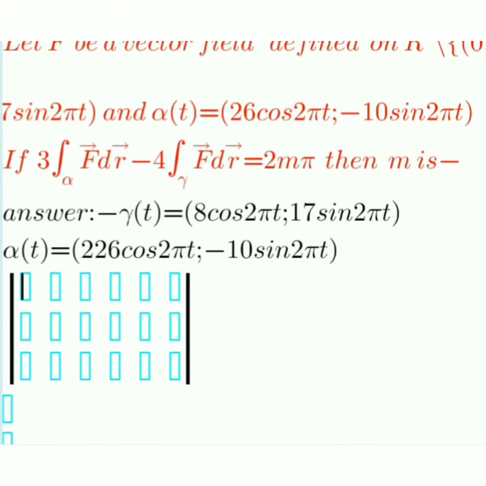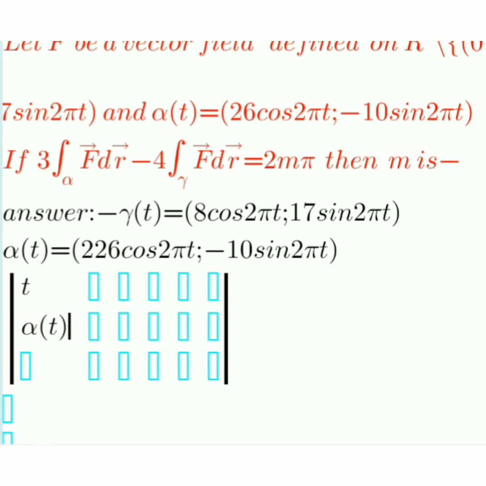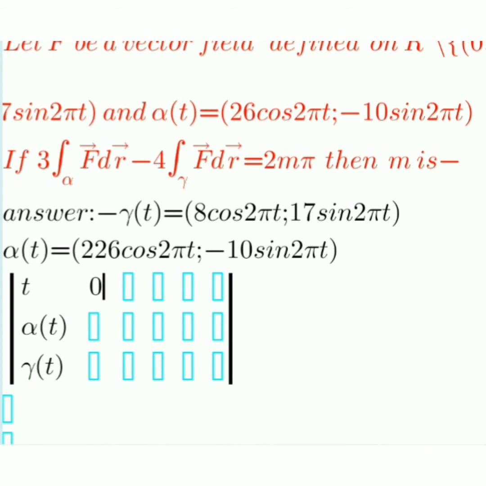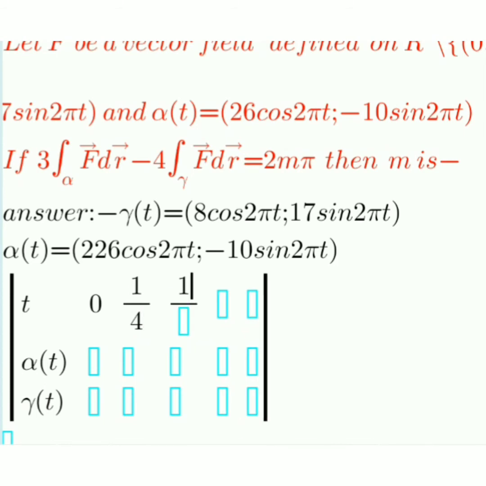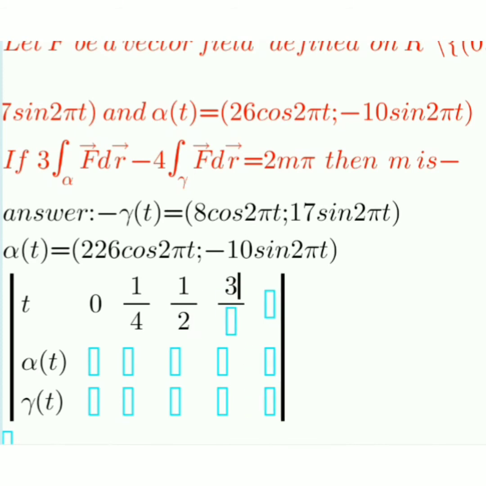This is my total set of conditions. This is t, this column should be alpha(t), and this column should be gamma(t). The t values: one should be 0, another 1 by 4, another 1 by 2, another 3/4, and the last value I take is 1.